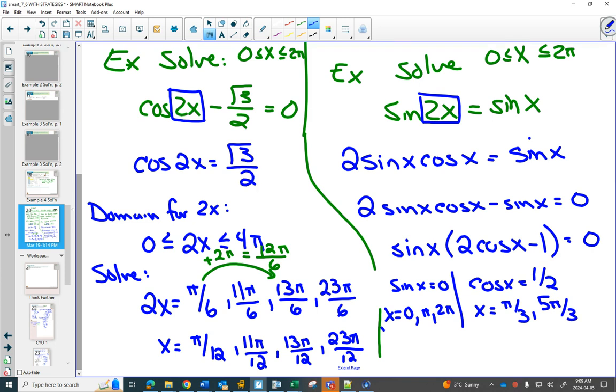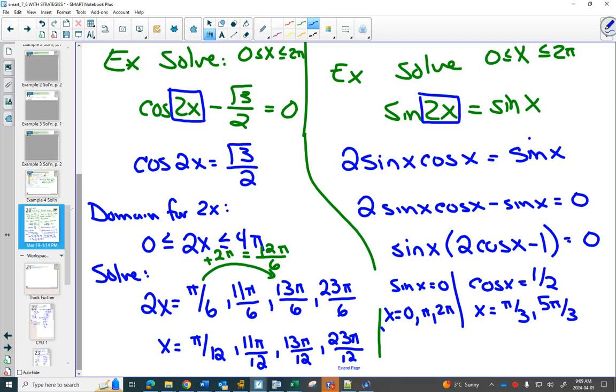For cos, quadrant 1 and quadrant 4, because it's positive, pi over 3 and 5 pi over 3. Double check our domains. They were between 0 and 2 pi, so we're good that way.